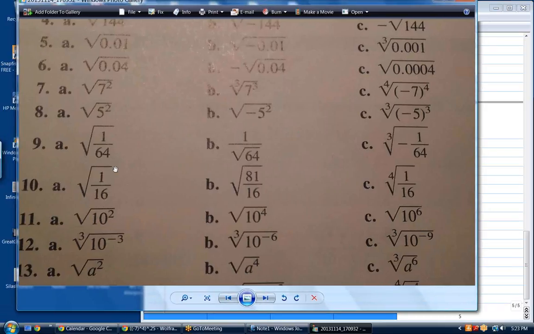It's the square root of 1/64. 9a. 1/8. What's 9b? What's the square root of 1 over square root of 64? 1/8. And 9c. What's the cube root of -1/64?